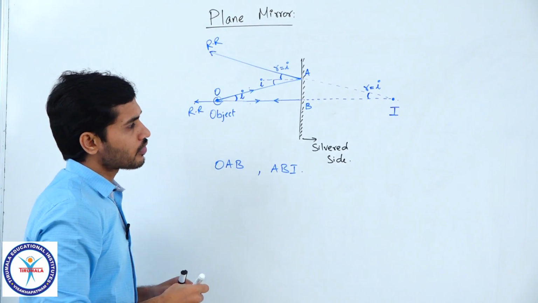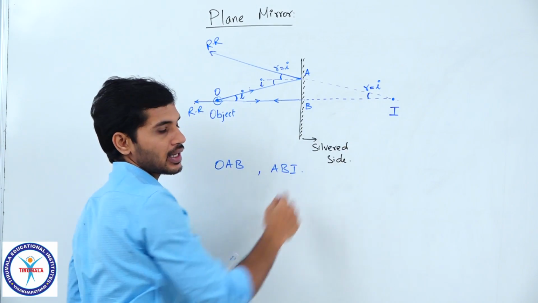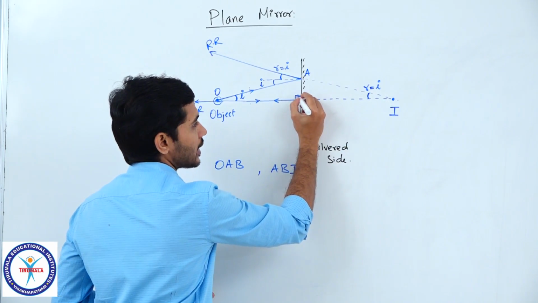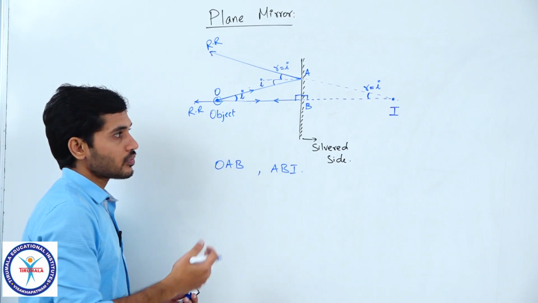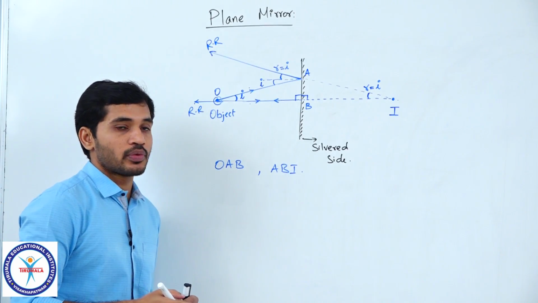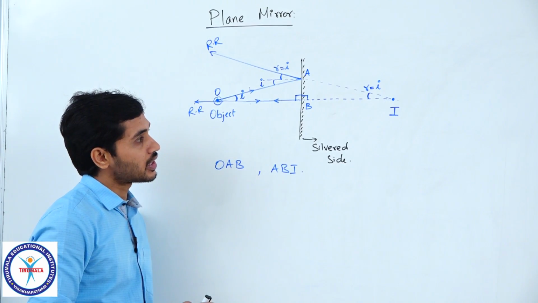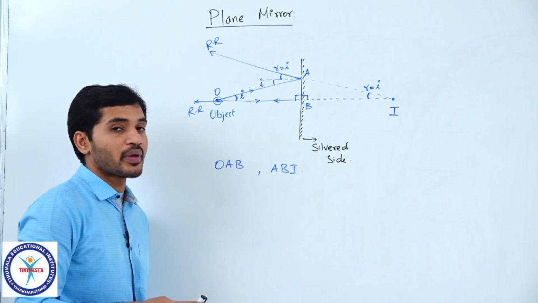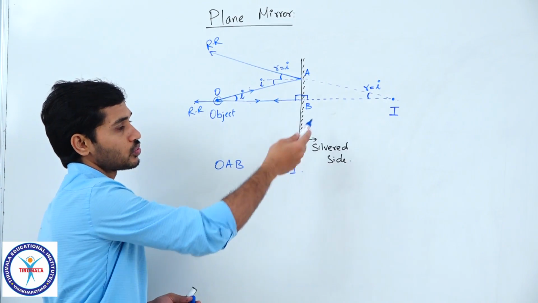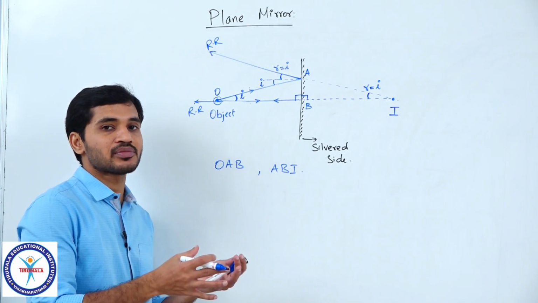If you see these two triangles, one side is common, this and this are equal, and the other two angles in both are 90 degrees. So, from the ASA property, or RHS you can say that, we can say that these two triangles are congruent to each other. They are the same size.